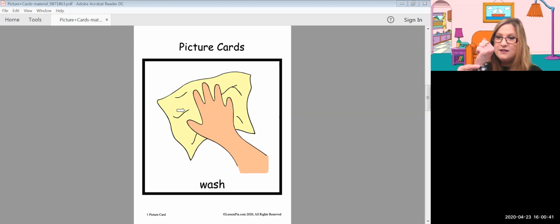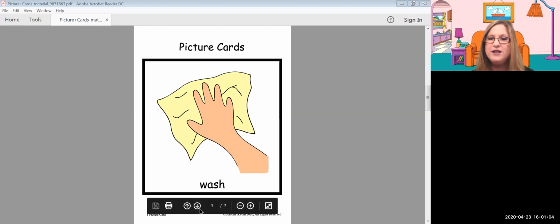Take your hand, make two kind of fist-like motions, and rub one on the top of the other. Wash. Again, that is an important part of our routine, so you should get plenty of practice.